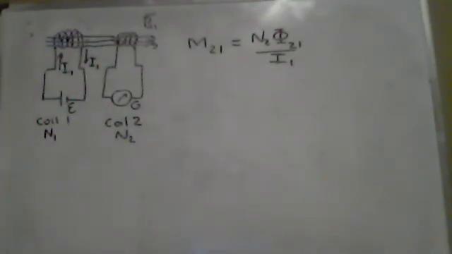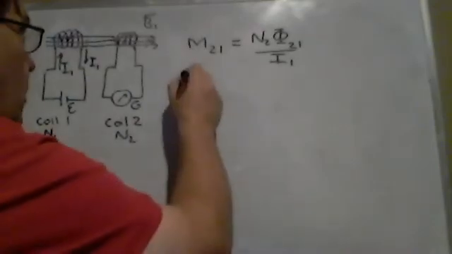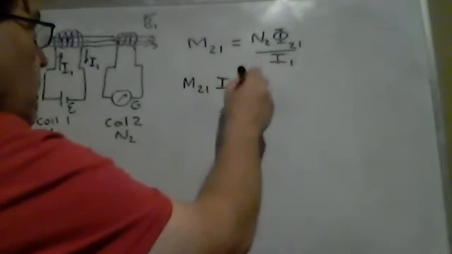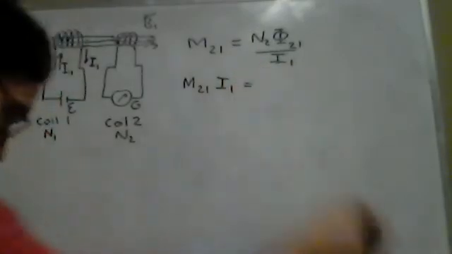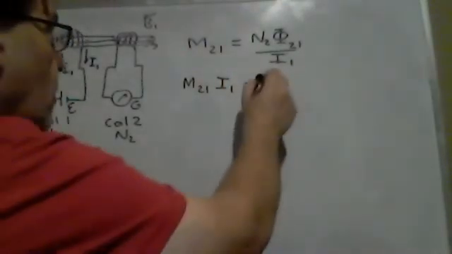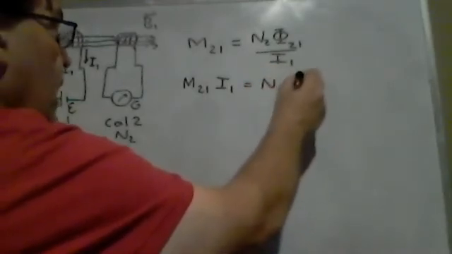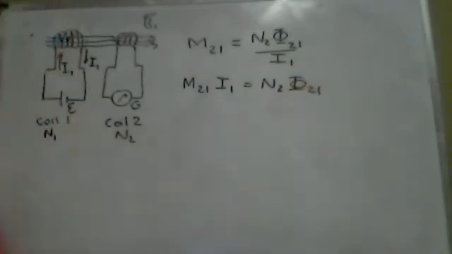Well, we're going to essentially cross multiply, and set things up like I did before. We have M21 I1 equals N2 Φ21. And then what do we want to do? We're going to take the time rate of change on both sides.